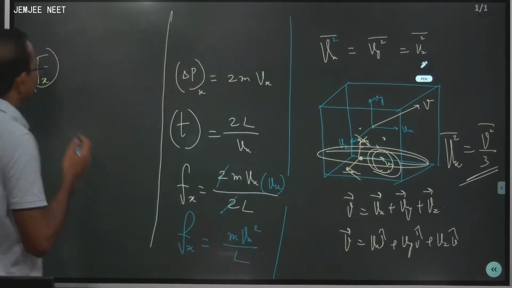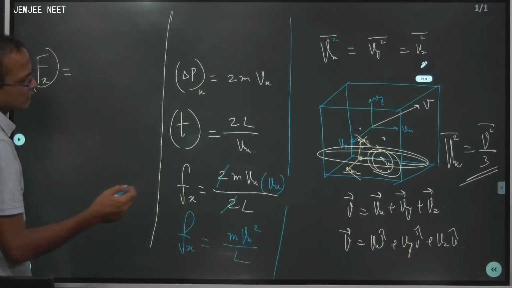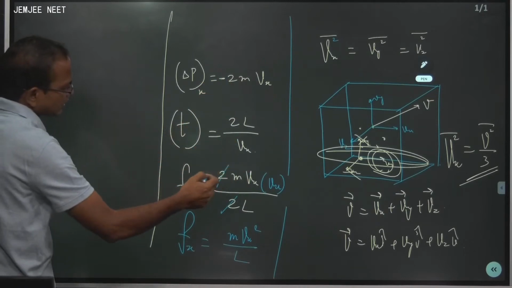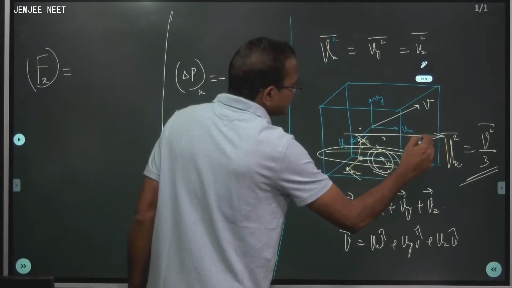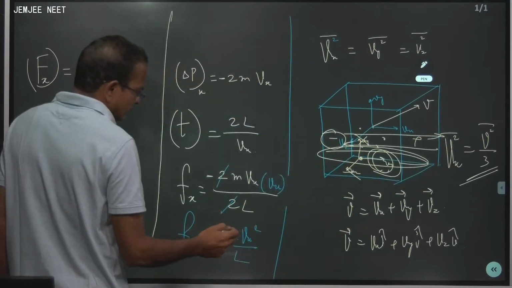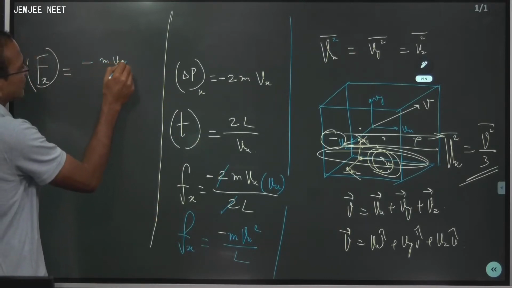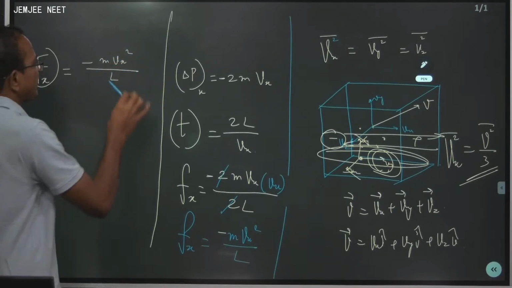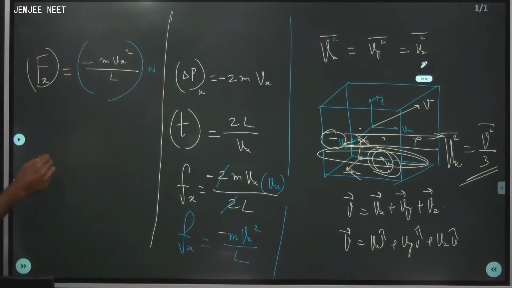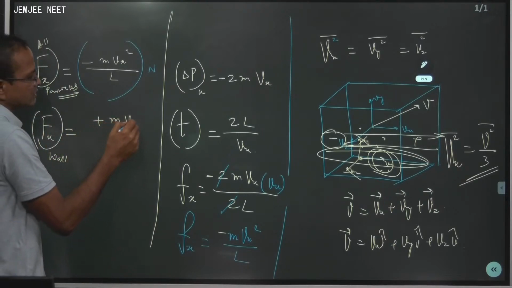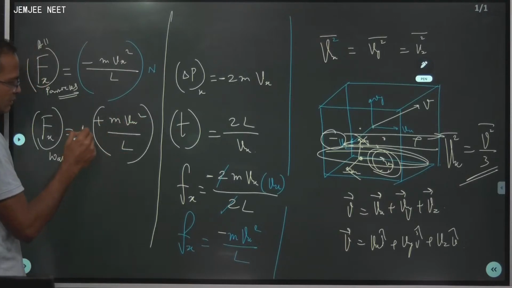Taking the direction as negative, the force on the particles is minus mVx square by L, n times. The force on the wall is the opposite, plus mVx square by L, n times. That choice of sign is purely yours; in general we take one as positive and the other as negative.